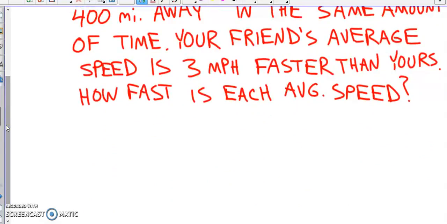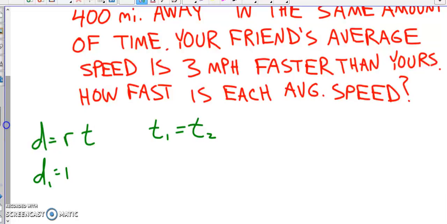So the thing we have to understand here is that distance is equal to your average speed or your rate times time. And so since the two amounts of time are the same, I know that T1 equals T2, and distance 1 would equal rate 1 times time 1, and distance 2 would equal rate 2 times time 2.